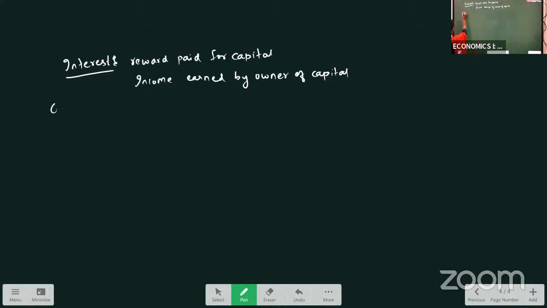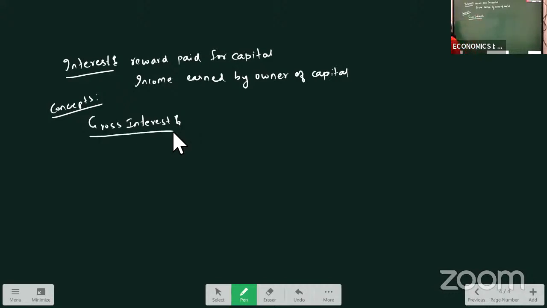Now there are two concepts of interest here: gross interest and net interest. Gross means total. Remember gross and net, a simple difference. Gross means without any deductions, total. Net means after making certain deductions. So how do we calculate gross interest?